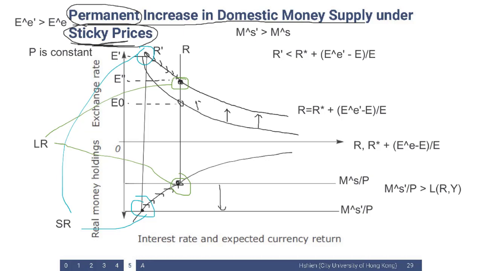So this is our complete analysis of short run versus long run, as well as temporary and permanent analysis. To summarize again, monetary policy intervention has a material effect only if prices are sticky.